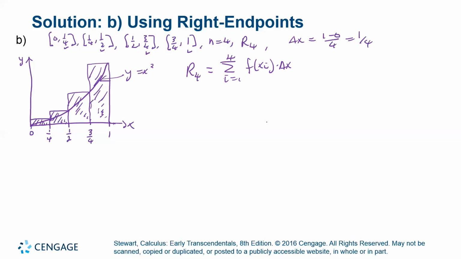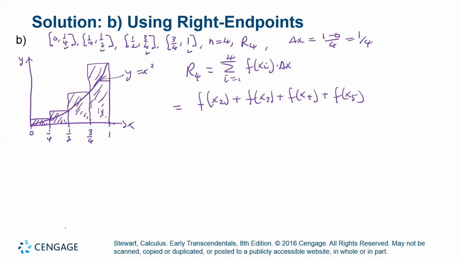That is 1/4. So we do it the same as we did before. So this is equal to f of x2 plus f of x3 plus f of x4 plus f of x5.